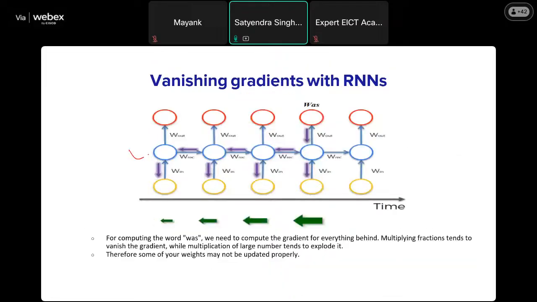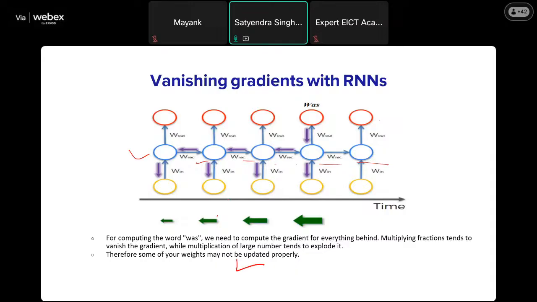If you have, let's say, many RNN units, when you calculate the derivative of weights with respect to the previous recurrent unit, due to those derivative multiplications, the weights of the earlier layers are eventually not updated, and if those weights are not updated, no training happens because weights are not changing. So some of your weights might not be updated properly.